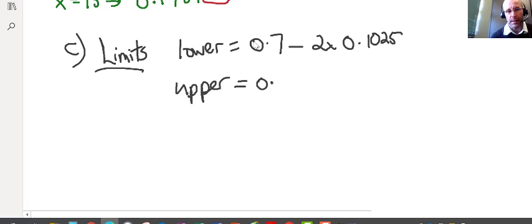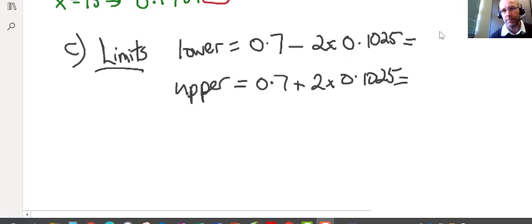And for the upper, 0.7, which is the mean, plus 2 lots of 0.1025, and crunch that. And I get those values right there.